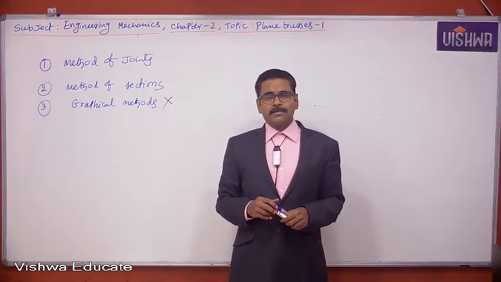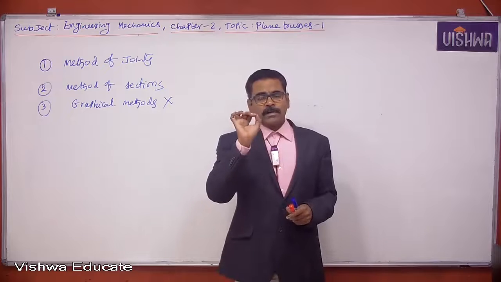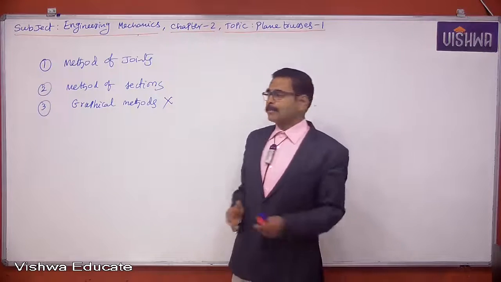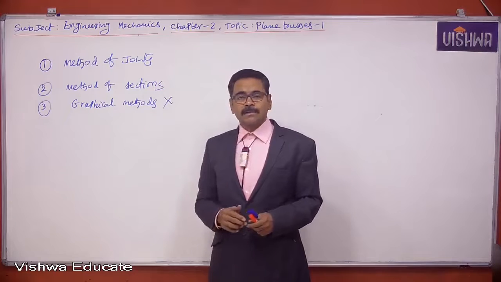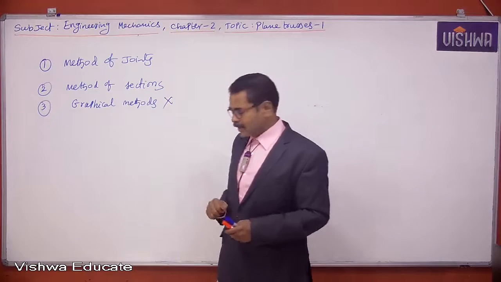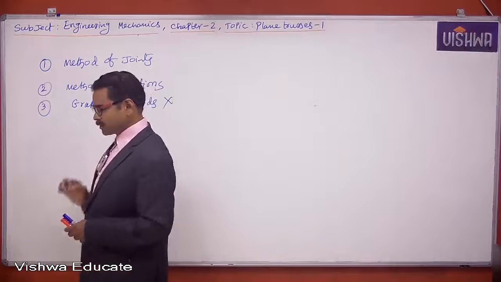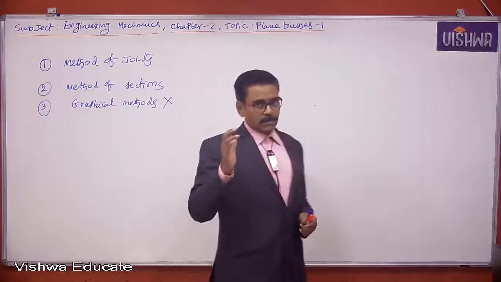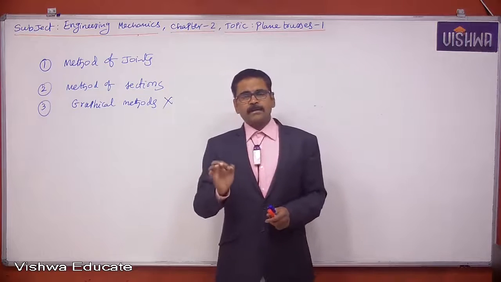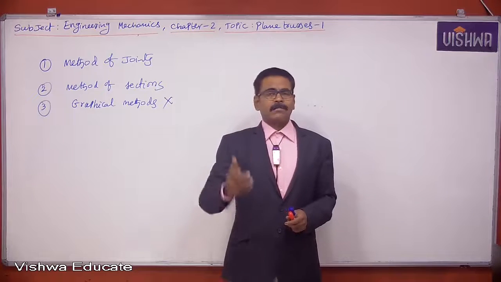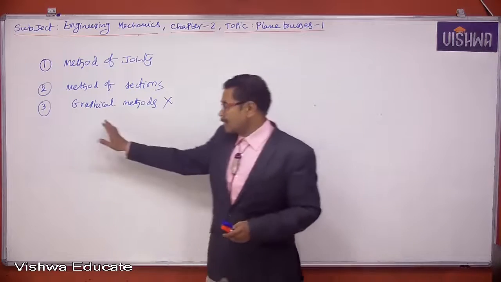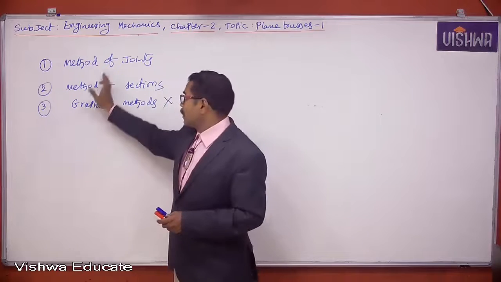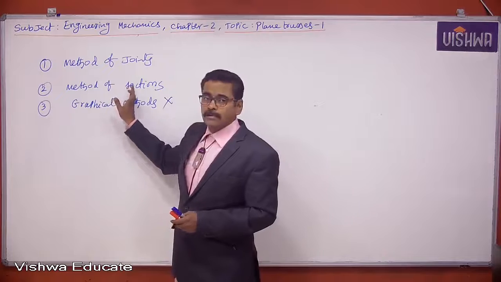Half of the times in the GATE exam, you can predict the answer in plain trusses by using these shortcuts. The remaining half of the times you have to use either method of joints or method of sections. Most of the time in GATE, they give simple questions that can be solved using the following shortcuts. After explaining shortcuts, I will go to method of joints, thereafter method of sections. Shortcuts.